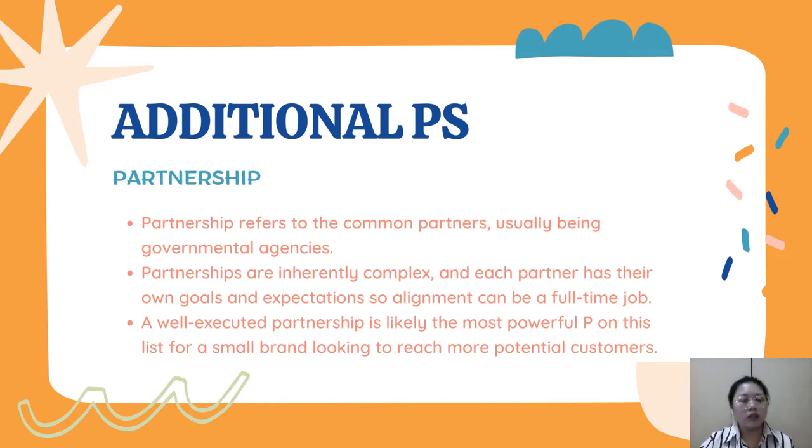But this P often takes the longest to come to fruition. Partnerships are inherently complex, and each partner has their own goals and expectations. So alignment can be a full-time job.